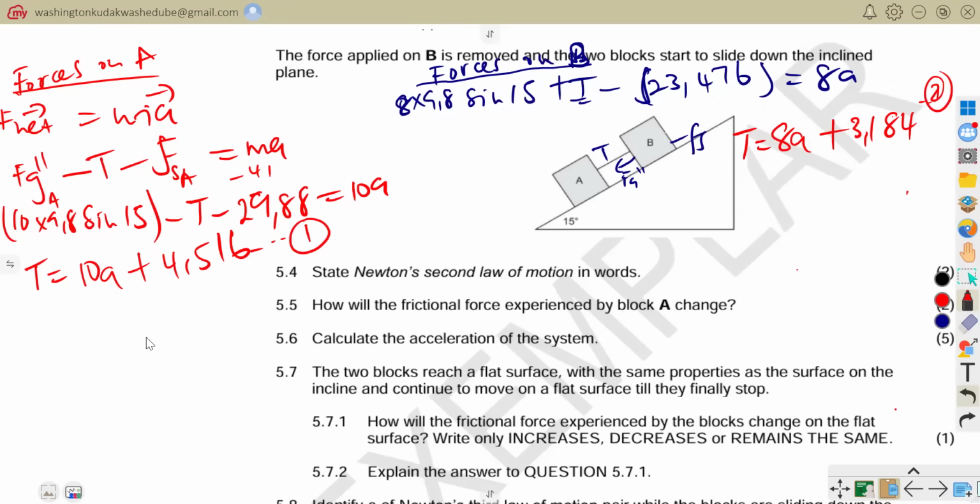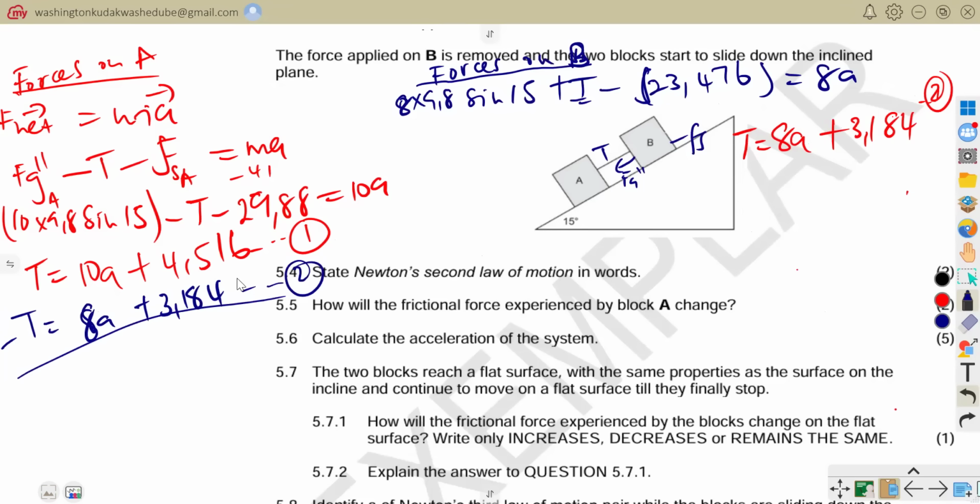So I will take equation 2 this side so that T is equal to 8a plus 3.184. I'll now subtract these two equations.